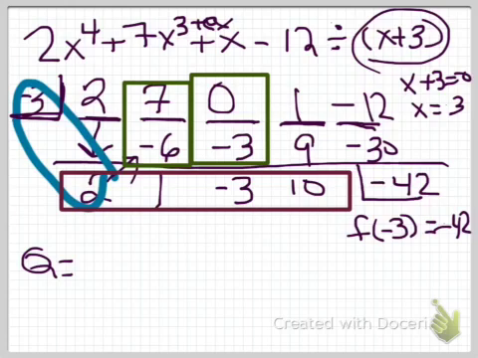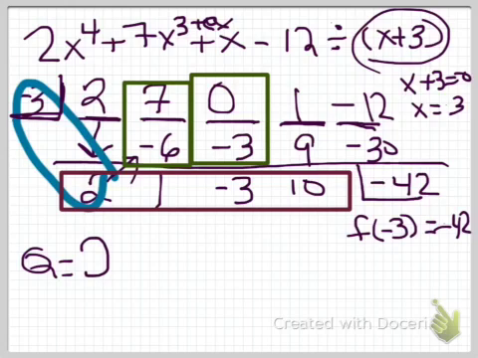My quotient is these numbers that I got down here at the bottom. When I added, these become my coefficients for my quotient. And please keep in mind, we talked about in class, you're going to go back to the original polynomial function. Since it was a 4th degree, our quotient is going to end up being a 3rd degree.